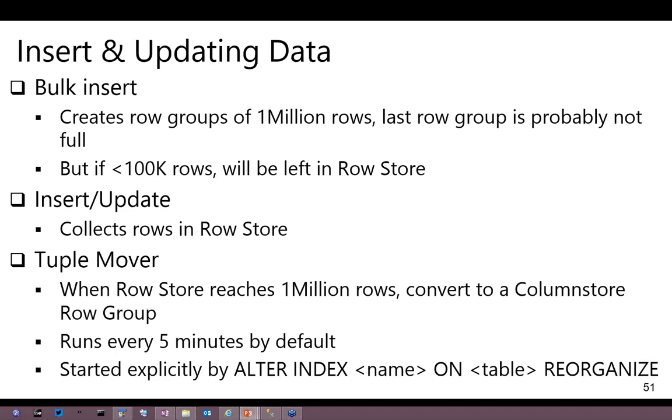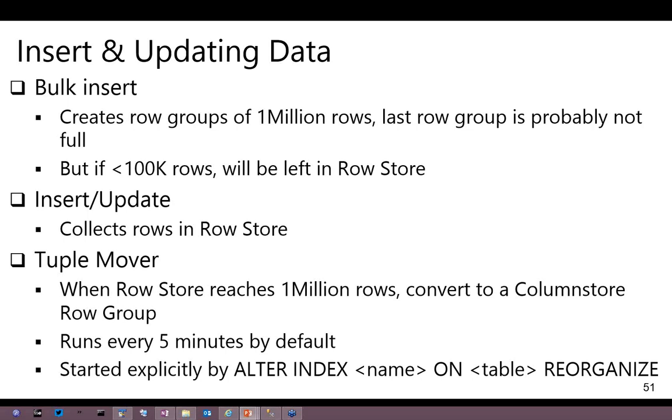Okay, running out of time. Would love to talk more about this. So I'm just going to tease you with some information about the tuple mover and the way in which column store indexes implement their writability.